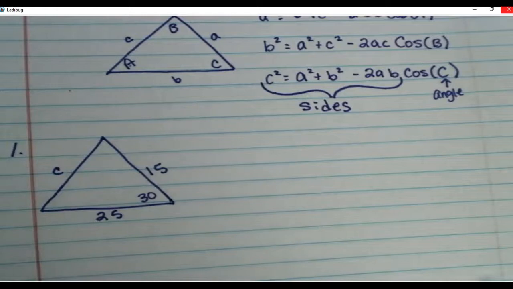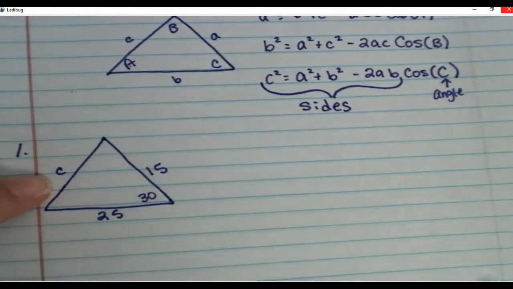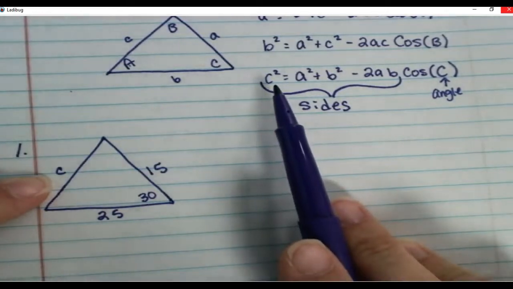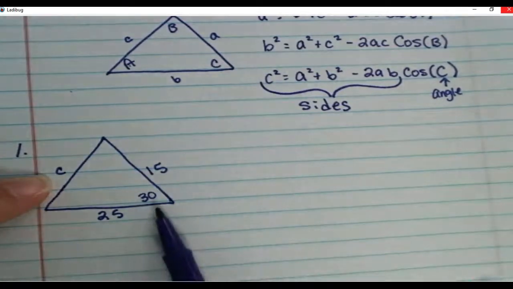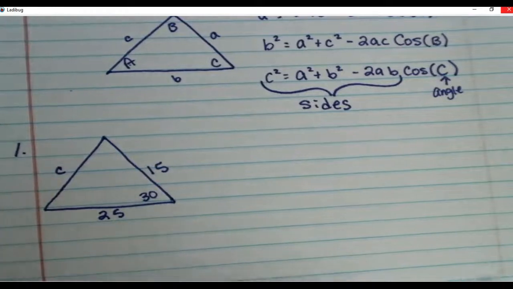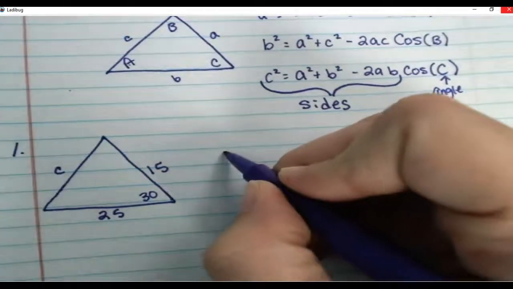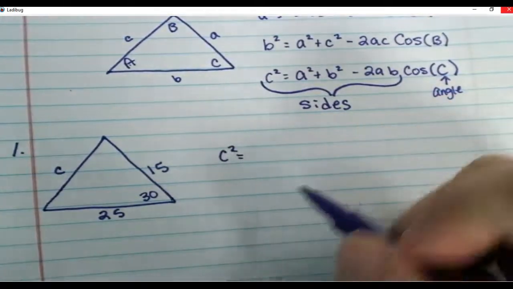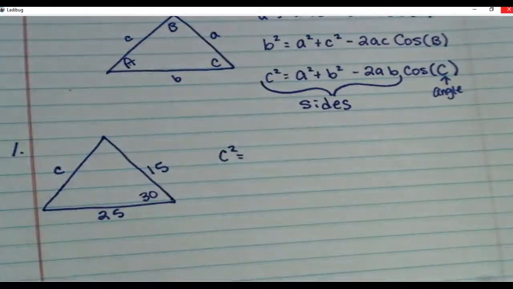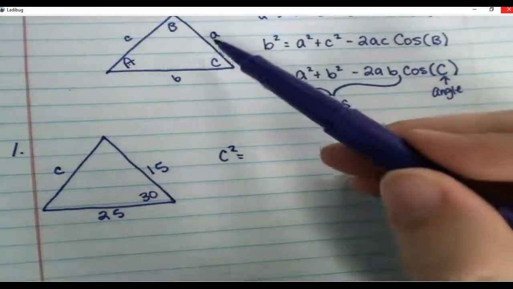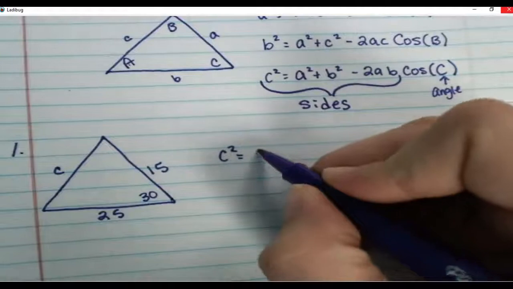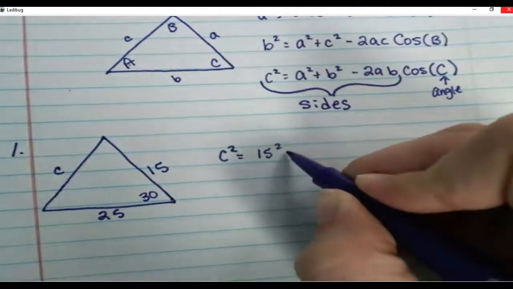So when we go to plug into this formula, c is what we're looking for. So c squared is what we want to start with, because big C is the angle that we know. Okay. So to plug it in, we'll say c squared equals. Now, it doesn't matter if you make 25 your a or if you make 15 your a. You get the same answer either way. So in our picture, a is 15, so we'll use 15. But again, it doesn't matter.